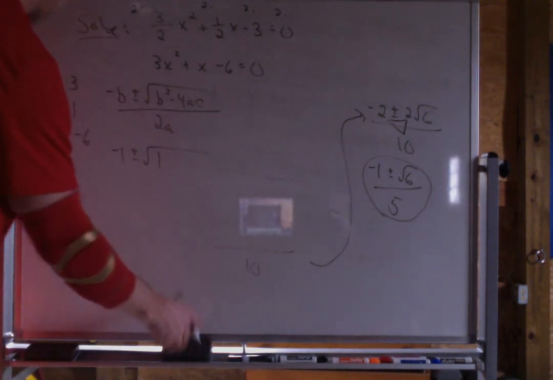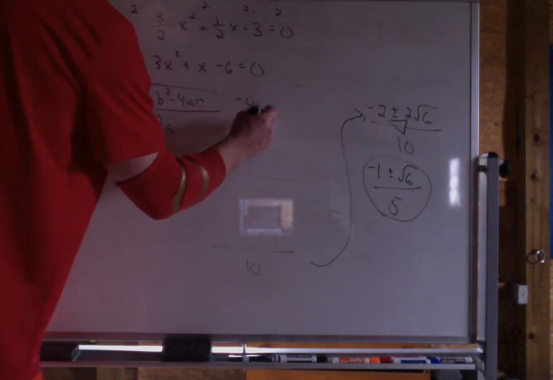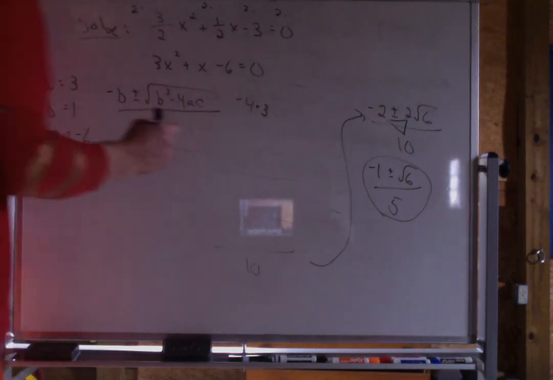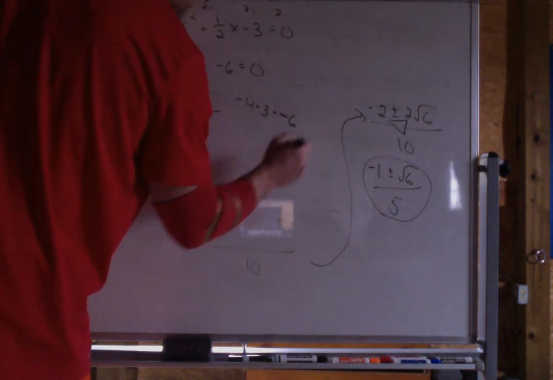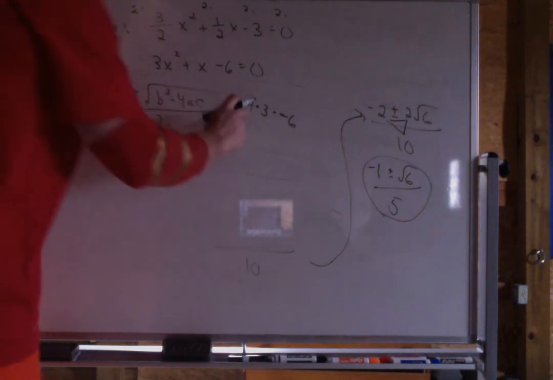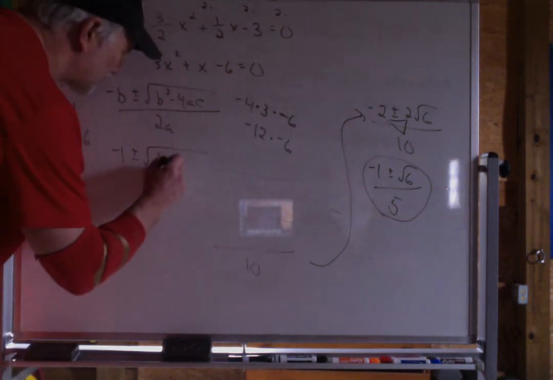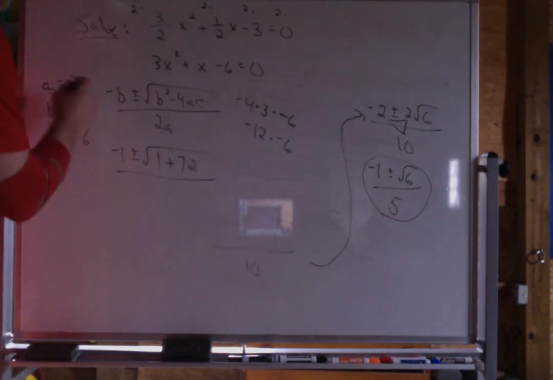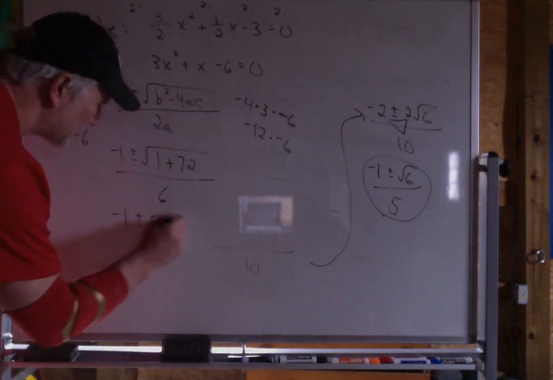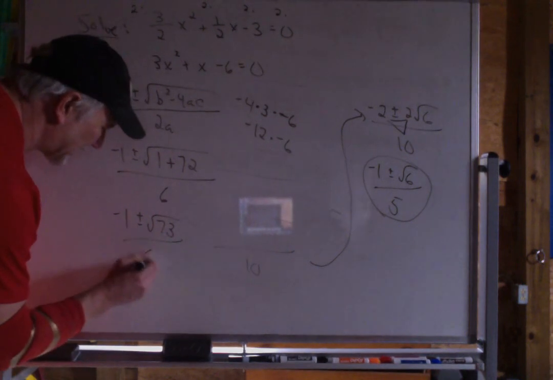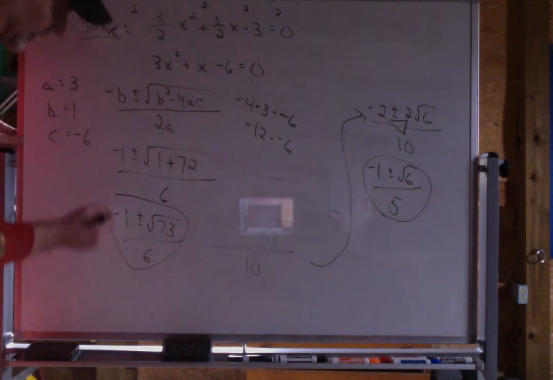I still like to do this off to the side: negative 4 times 3 times negative 6. When I multiply that out, I get negative 12 times negative 6, which is positive 72, over 2a, which is 2 times 3 is 6. I combine inside my radical, and in this case, I can't reduce the square root of 73, so I would be done.